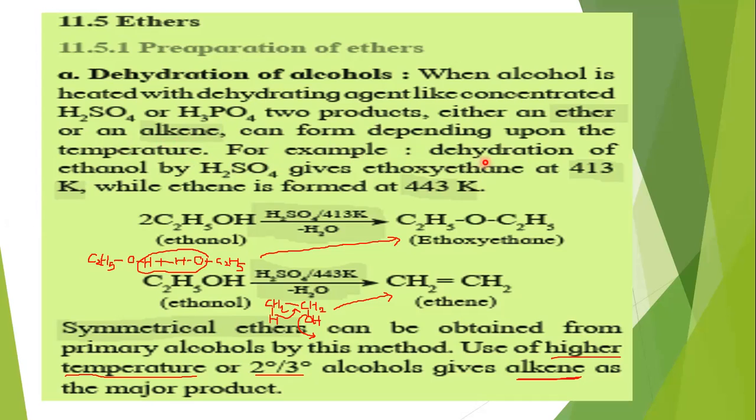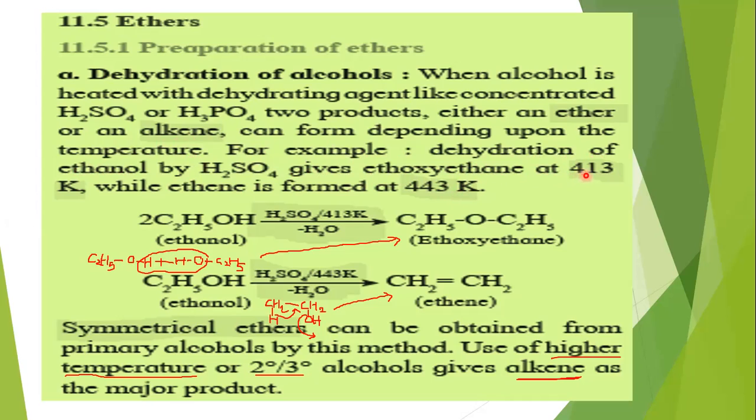For example, dehydration of ethanol by H2SO4 gives ethoxyethane, that is ether formation takes place at 413 Kelvin, while ethene, that is alkene, is formed at 443 Kelvin.